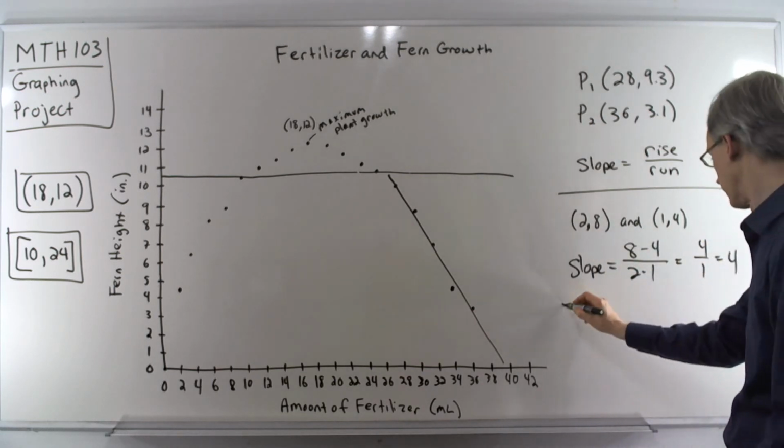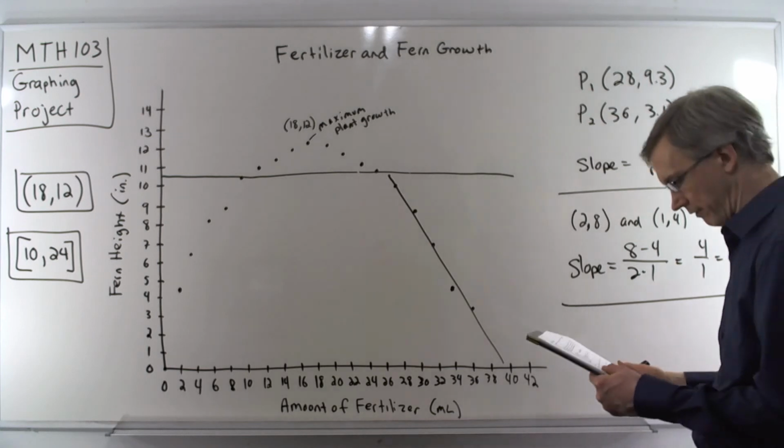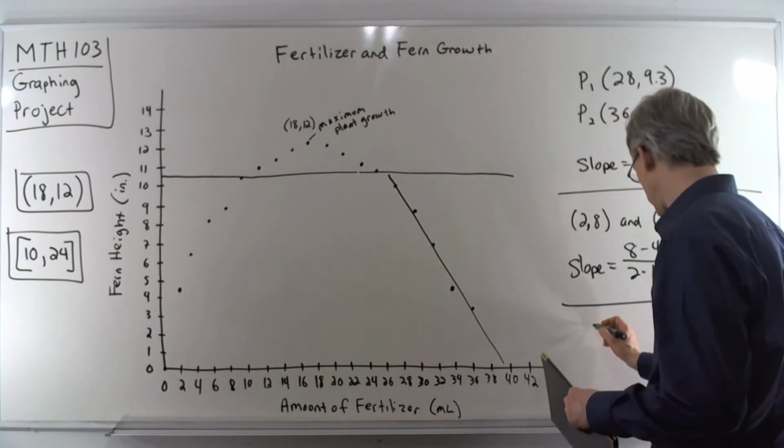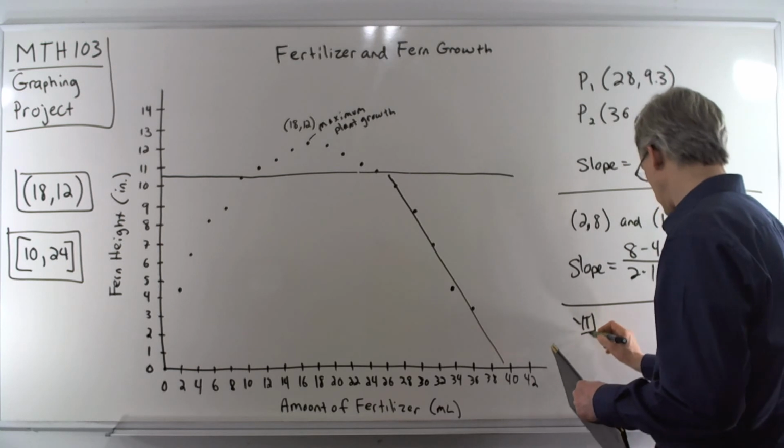All right, your turn. Find the slope of the line through the points 3,7 and 0,1.